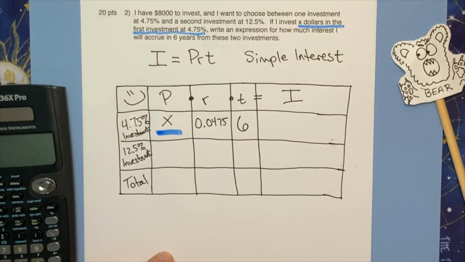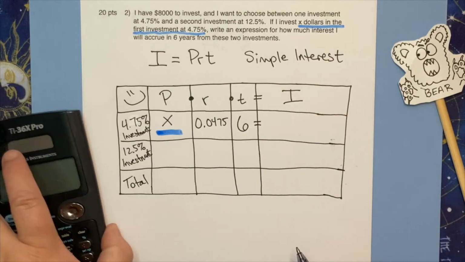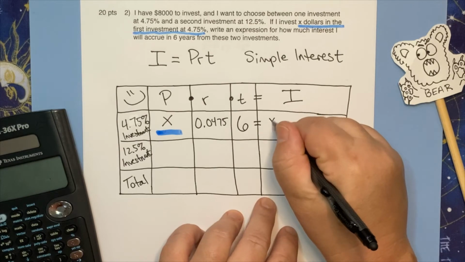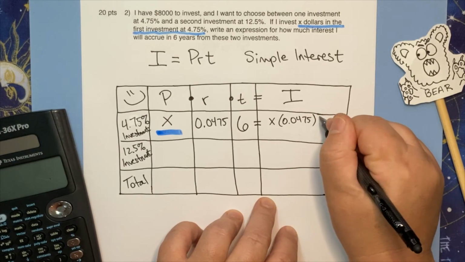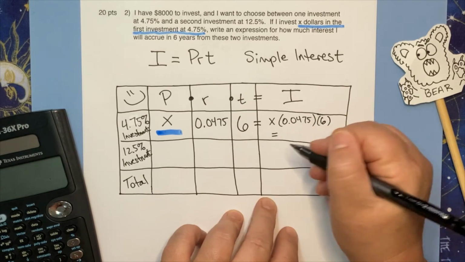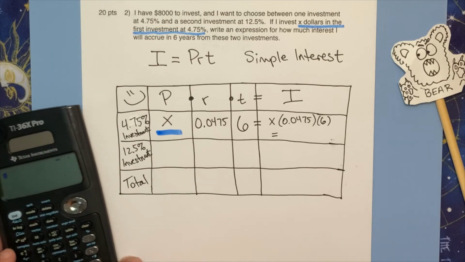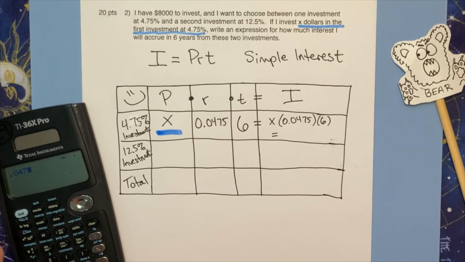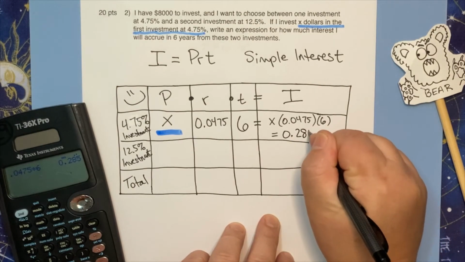And then if I want to find how much interest I would earn, I just multiply. So in this case, I've got X times 0.0475 times 6, and that whole thing is going to be, what was it? 0.0475 times 6 gives me 0.285x.